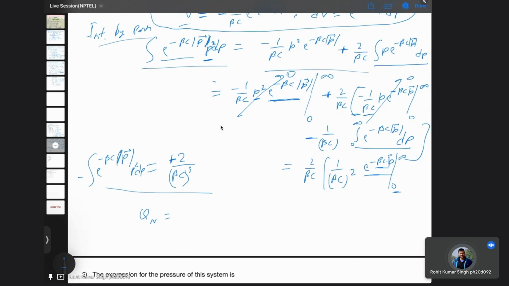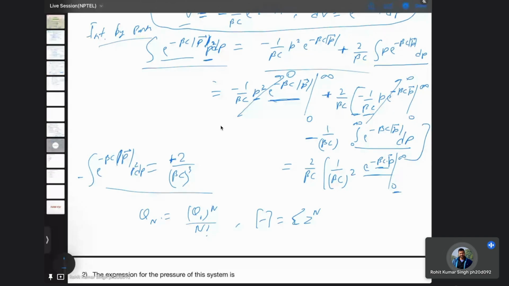And then your grand partition function will be sum of z to the power n qn, which is z to the power n by n factorial q1 to the power n.